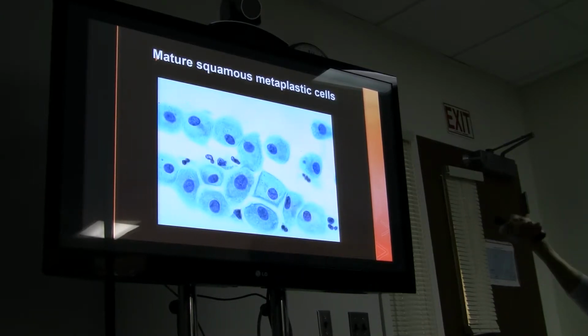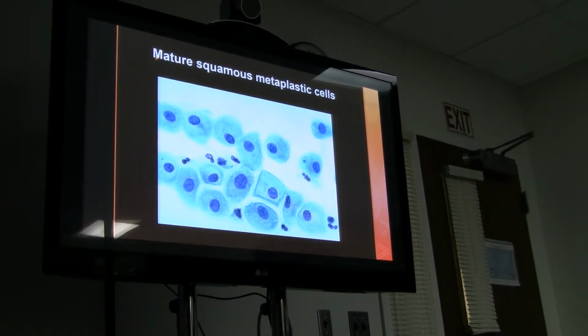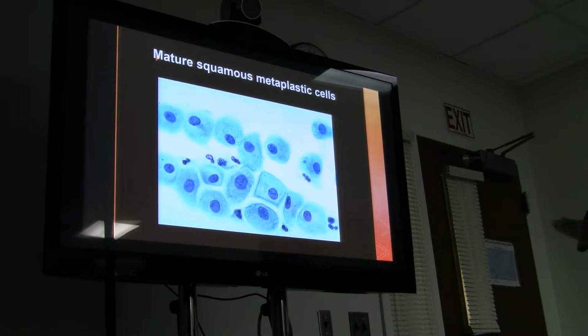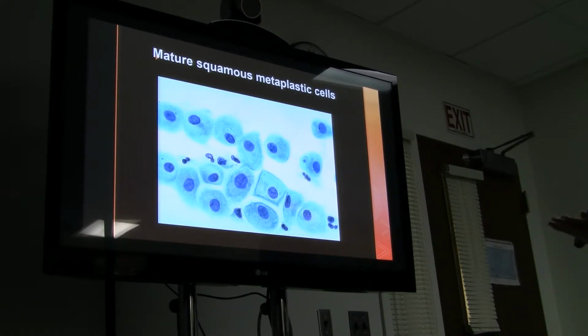If you look at the picture and you don't tell me this is squamous metaplasia, I might call it parabasal cells. However, keep in mind, parabasal cells we see more in the atrophic smear, the postmenopausal lady, whereas metaplasia we see together with mature squamous cells.